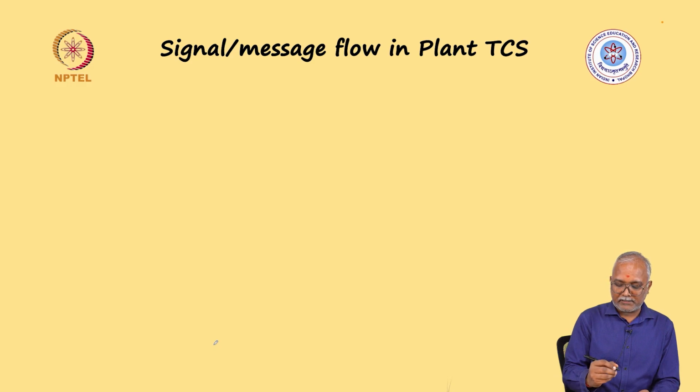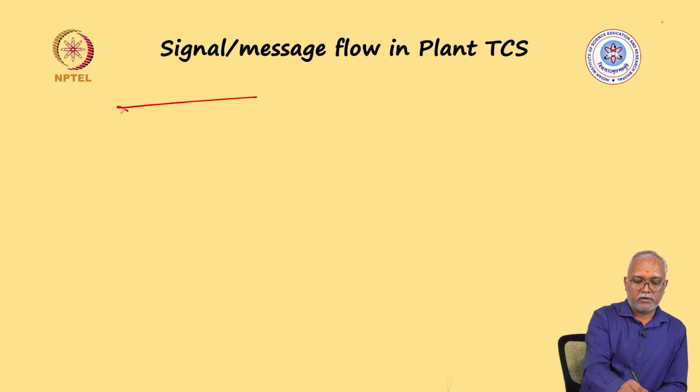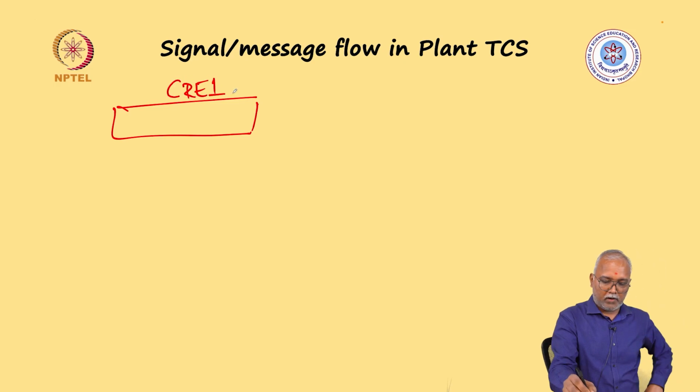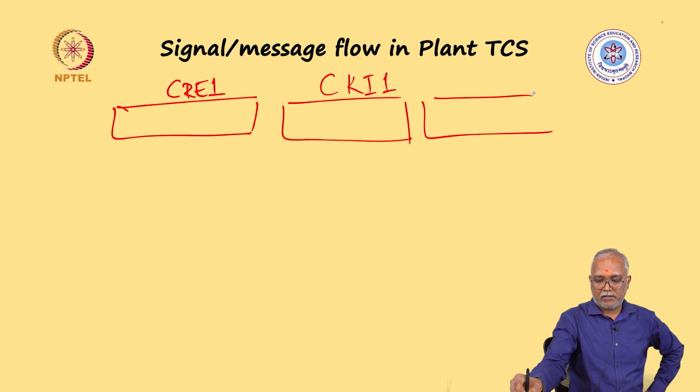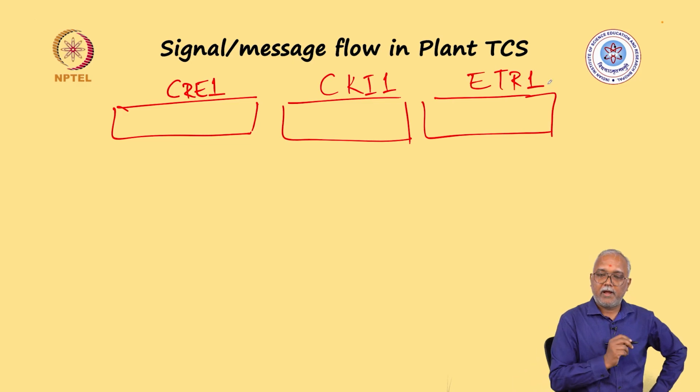So let's take some example here. If you think about the different kinases, we're talking about CRE1 or the other kinase which is CKI1. These are all cytokinin responding receptors, and then there is ETR1 which is responding to ethylene.